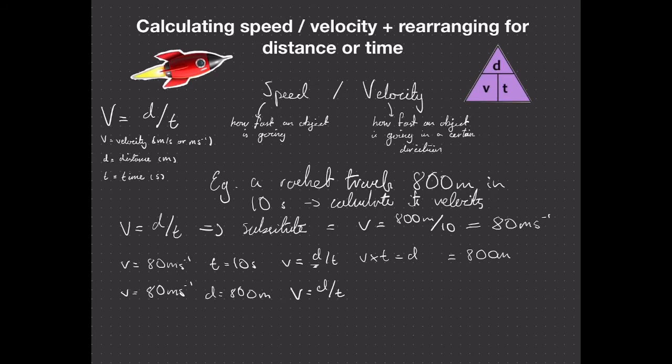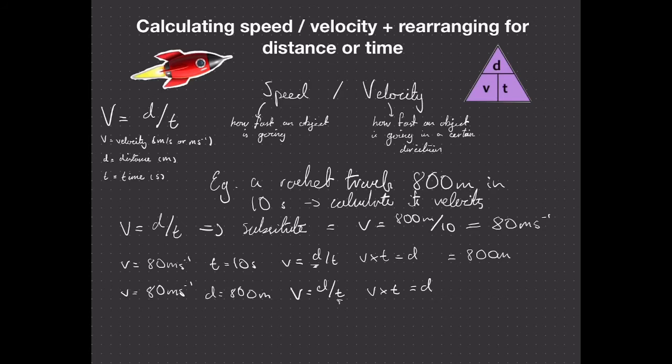I want to make t the subject of my equation this time because that's what we're looking for. But it's underneath the d, which makes it a little bit harder to get rid of. So what I'm going to do first is times again both sides by t, moving it to the left-hand side of the equation, and I would get v times t equals d.